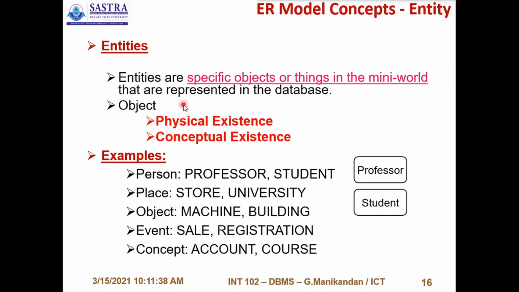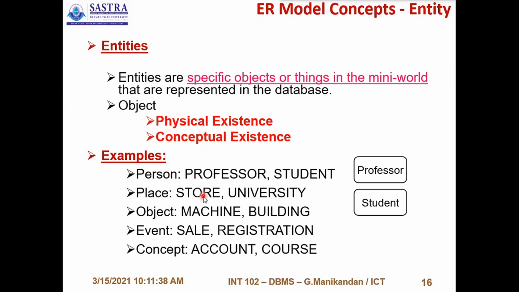You can classify these objects into two types. An entity may be of physical existence or it may be of conceptual existence. Physical existence means a physical thing. For example, a person, an object, a place. These are examples of physical existence. A person may be a professor or a student.